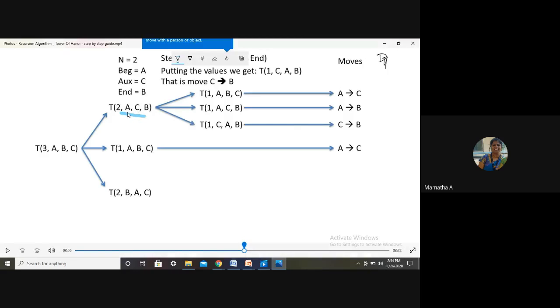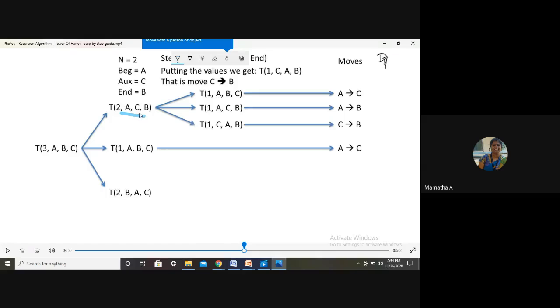Right now, the two disks are on A, or B, or C? B. They are on B.